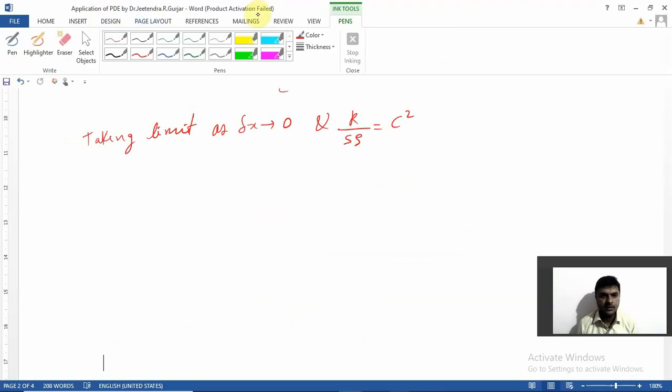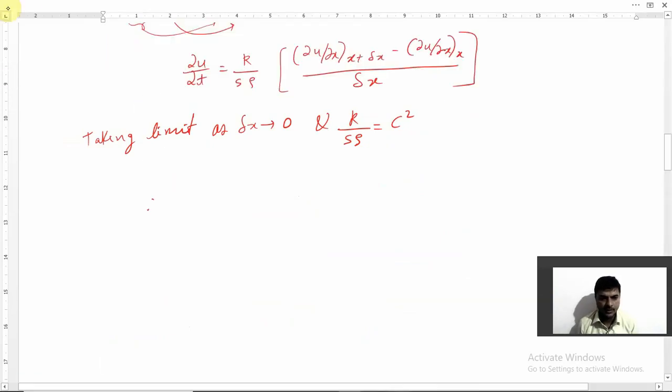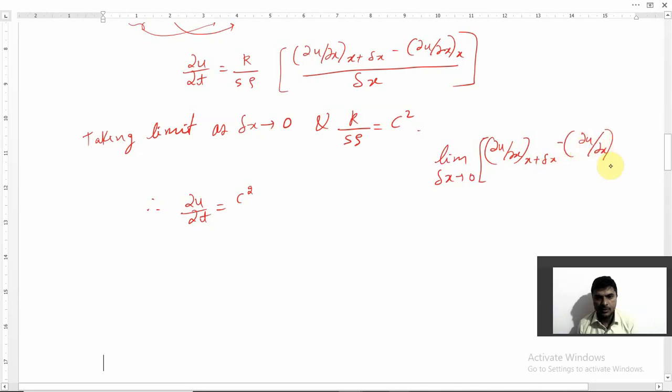When I substitute these values, I am going to get this. Therefore, dou u upon dou t is equal to c square. When I apply the limit as delta x tending to 0, dou u upon dou x at x plus delta x minus dou u upon dou x at x, divided by delta x.